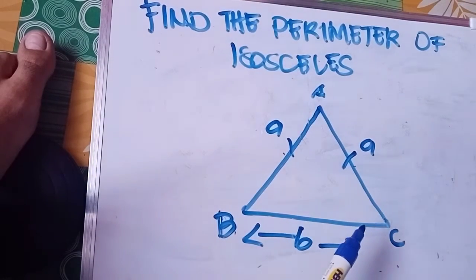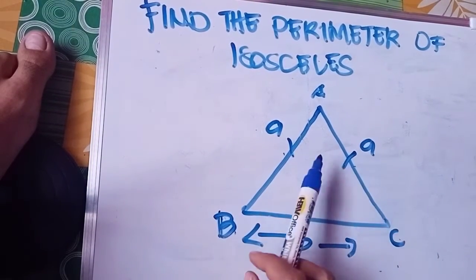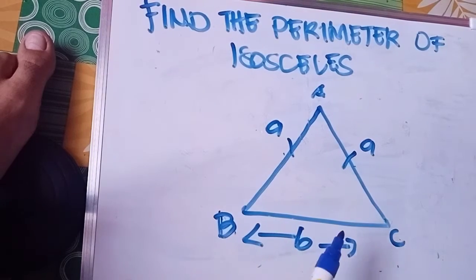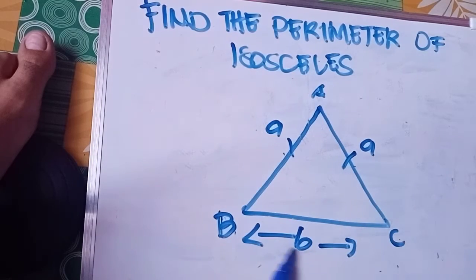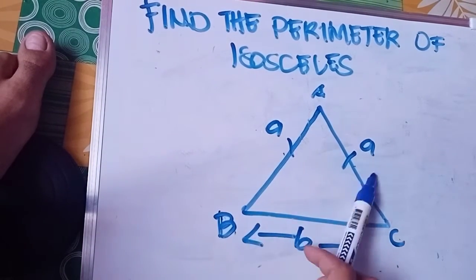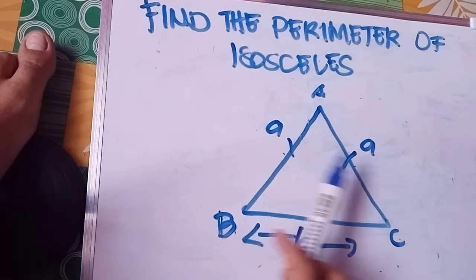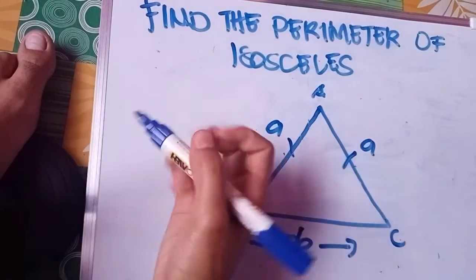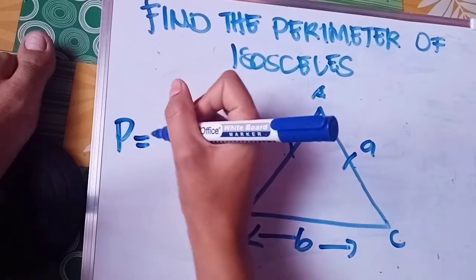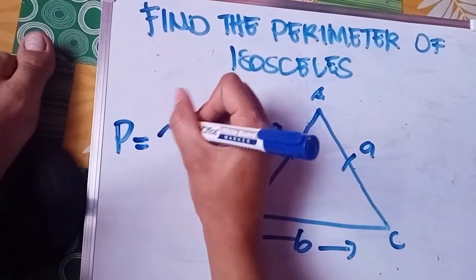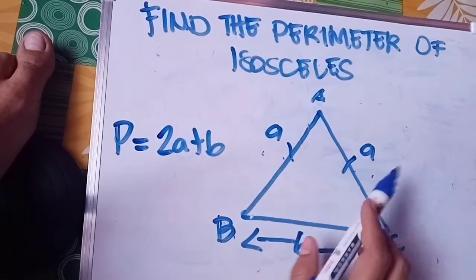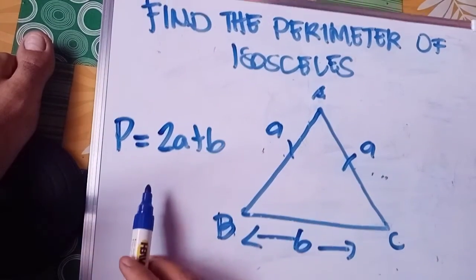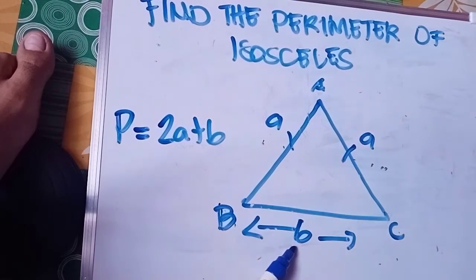Since it has two equal sides, its perimeter can be calculated if the base and one equal side are known. So our formula for the perimeter of an isosceles is perimeter equals 2A plus B: two equal sides and one base.